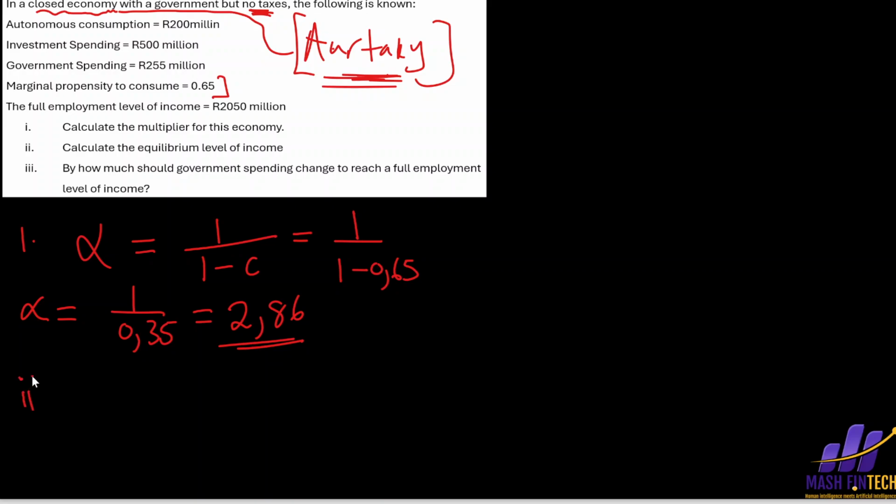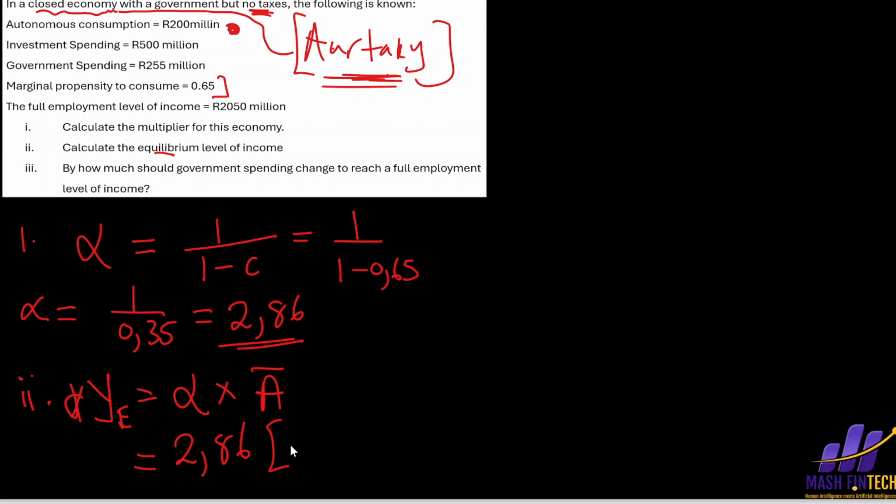Let's look at the second part. Always remember the equilibrium level of income. The equilibrium level of income is the multiplier times the total autonomous expenditure. This is the formula. Don't forget it. The multiplier, we calculated it in the first part, is 2.86. For the total autonomous expenditure, you take all the autonomous values here. Autonomous consumption, 200 million.